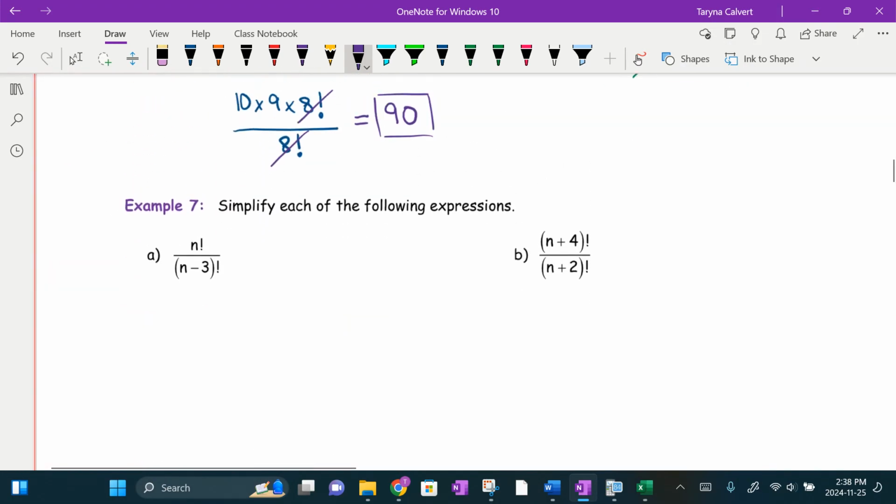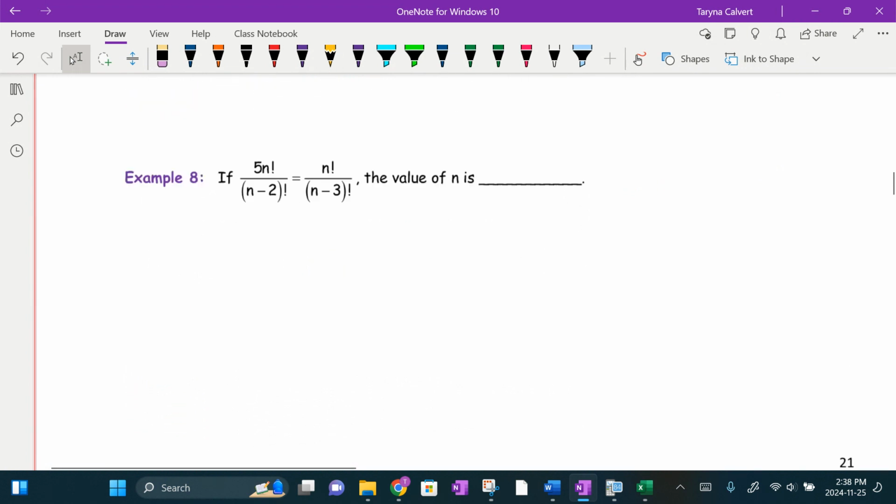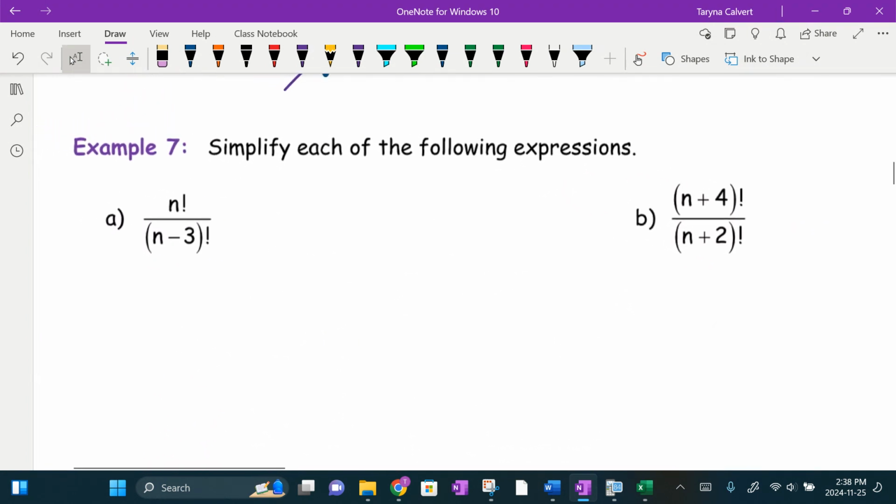All right, last thing I want to do with you guys is, does it make sense that we're going to do this with variables? Yeah, only makes sense that we'll do the same thing. So you have to understand, guys, when I put a factorial on it, from one term to the next, we're going down by what? 1. So if I start with an n, what's the next term?